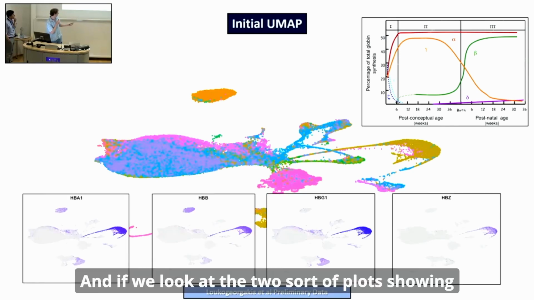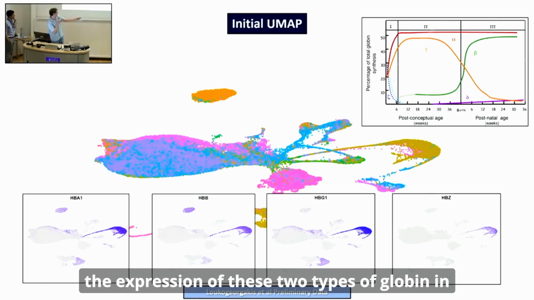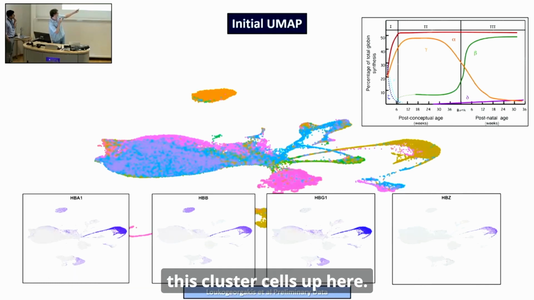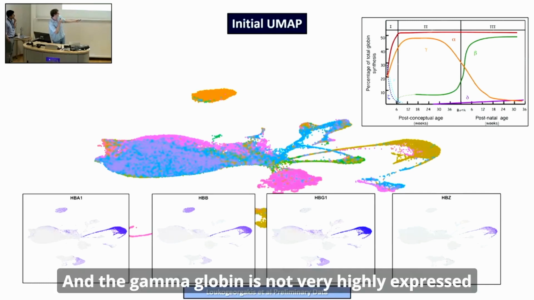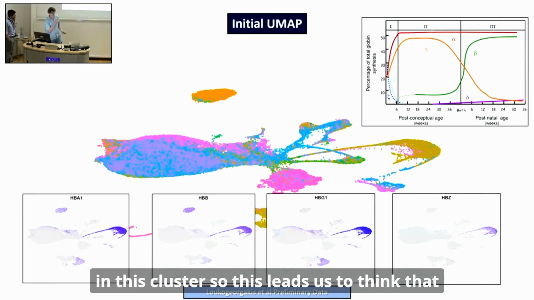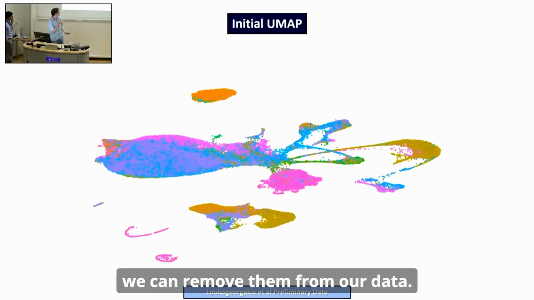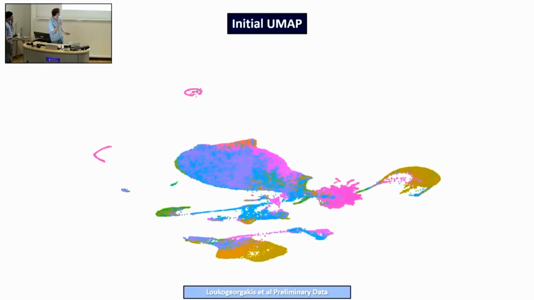If we look at the plot showing the expression of these two types of globin in our data set, we can see that HBB, the beta globin, is highly expressed in this cluster of cells up here. And the gamma globin is not very highly expressed in this cluster, so this leads us to think that these are maternal contaminants, so we can remove them from our data.